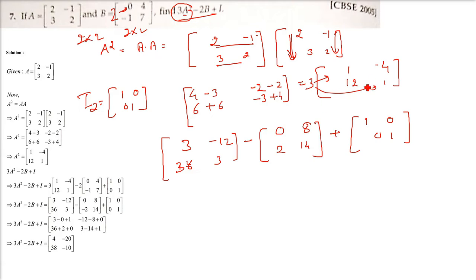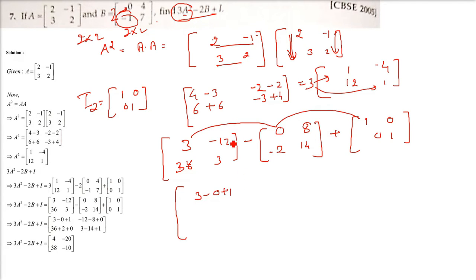Now we'll just directly do it because it only needs element addition and subtraction. So I'm writing it at once. 3 minus 0 plus 1.